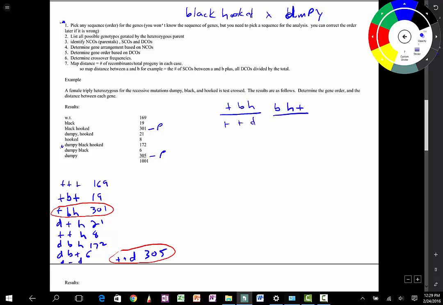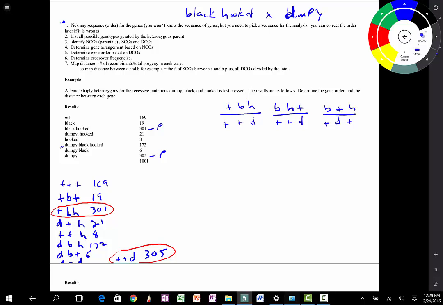So this is just another possibility. And then that would be plus D. Or D could be in the middle. So if we put D in the middle, then these genes are over here, and we'll keep B to the left and H to the right. So these are three possible ways that this thing could be heterozygous. Each of these cases, we still have B and H on one side of the line and D on the other side of the line, but we just have different things in the middle. So what we want to do is look and see if we have a double crossover.